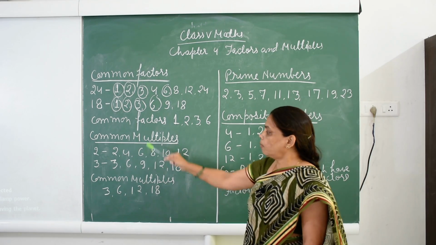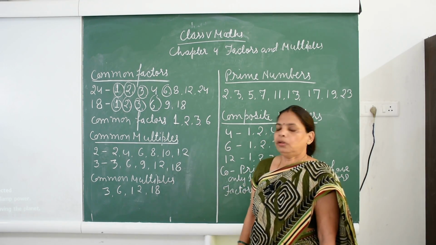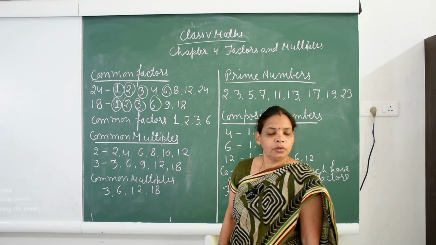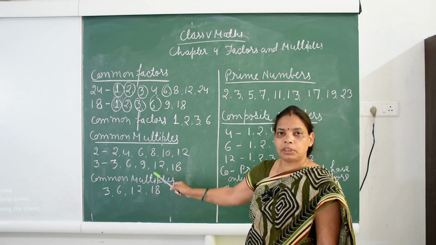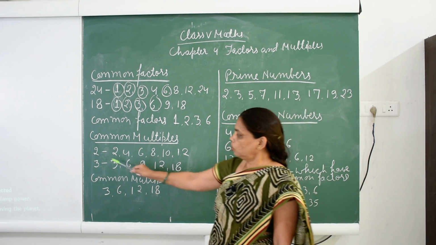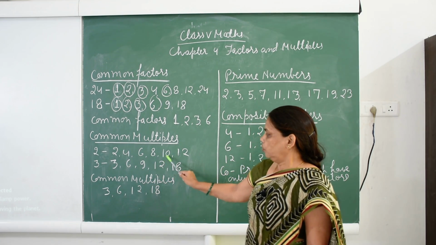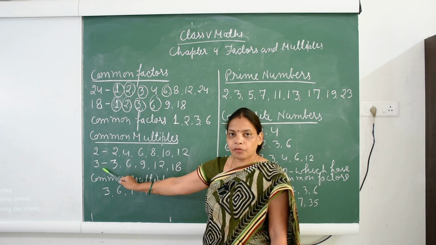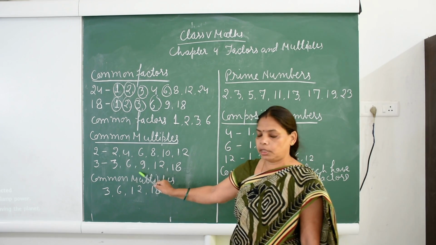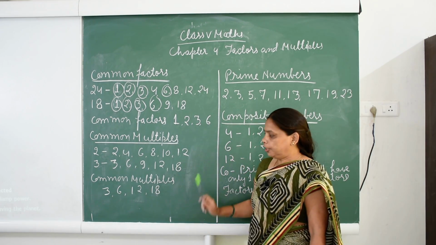Now common multiples. Multiples, you know, are the products of a number, or it simply means the table. So the multiples of 2 are 2, 4, 6, 8, 10 and 12, and the multiples of 3 are 3, 6, 9, 12 and 18.